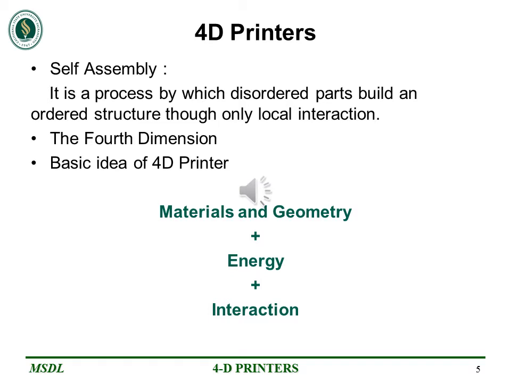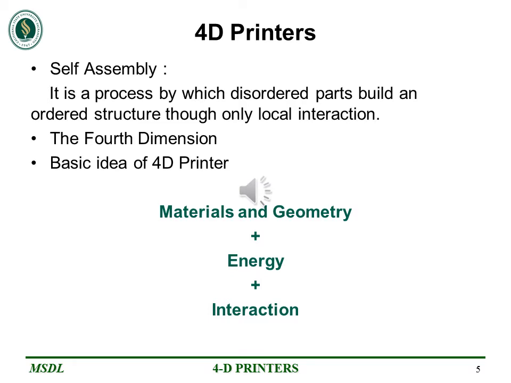All these flaws in 2D and 3D printing technology have been tried to be corrected in 4D printing technology. The perfect term which can be used for 4D printing is self-assembly. It is the process by which disordered parts of an object build an ordered structure through only local interaction.